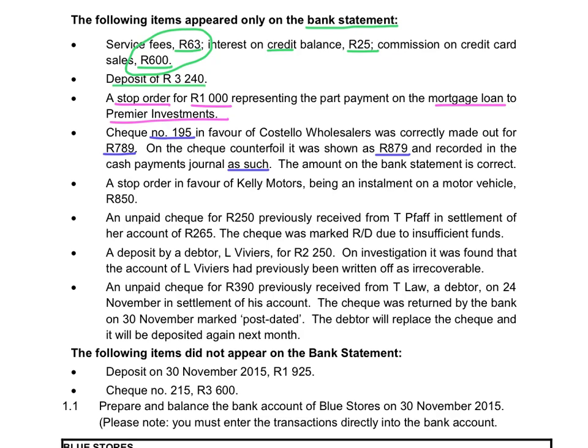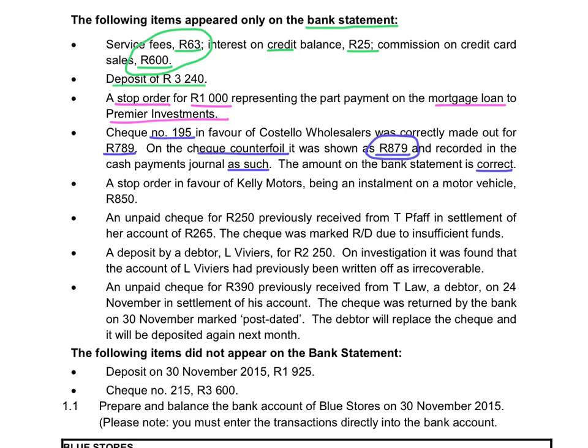So the person writing out the check made a mistake when they wrote this figure on the check counterfoil. Because they wrote the wrong figure on the check counterfoil, the bookkeeper used this 879 figure to record it in the cash payments journal. The bank didn't make a mistake because the bank statement is correct.